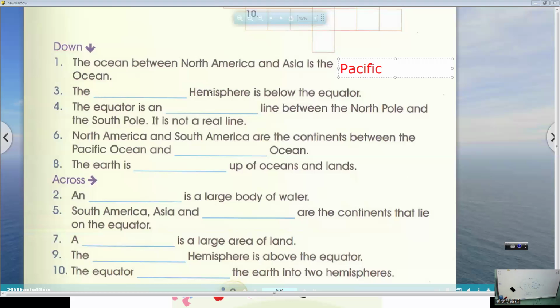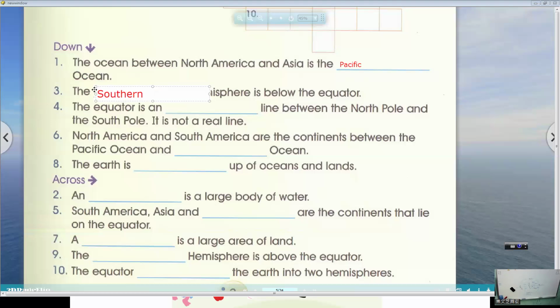What hemisphere? Northern or southern hemisphere?